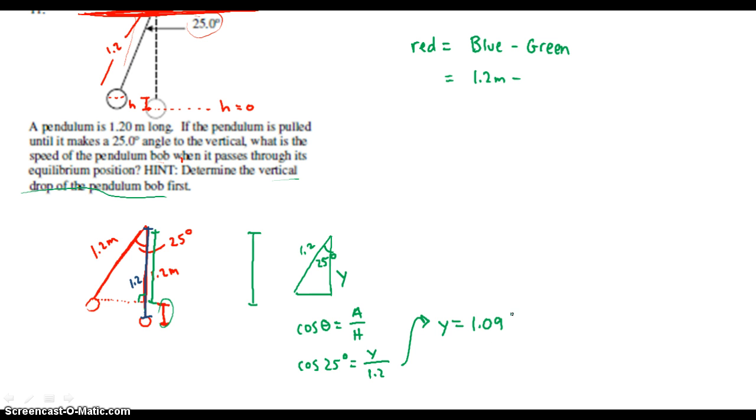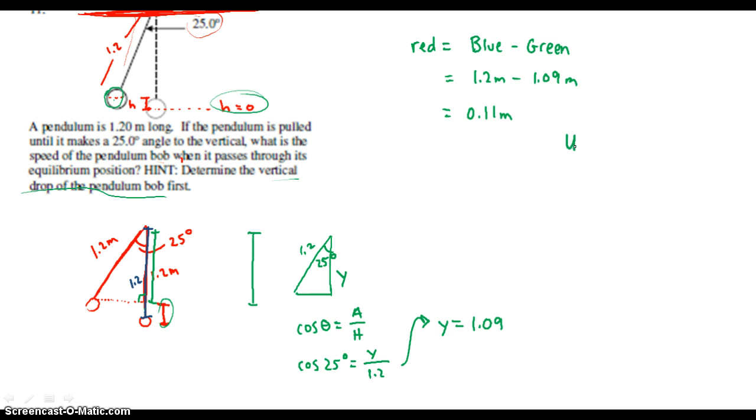My green one we just found was 1.09 meters. So the difference between those two is 0.11 meters. Okay, that's the vertical drop. If I set this as my h equal to 0, my ground level, that's the initial height that this bob started with.